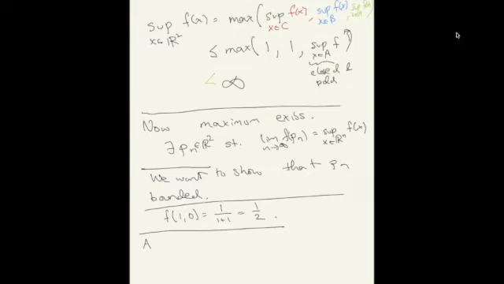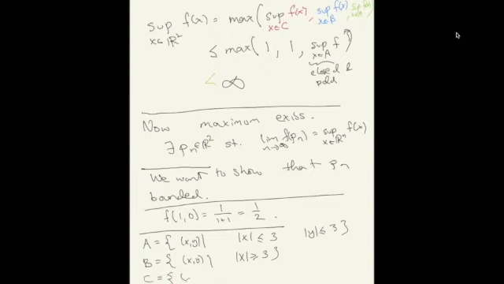So A is now the points (x, y) where the absolute value of x is less than 2, and the absolute value of y is less than 2. Let's make it actually 3 to really drive this point home. B is the set of (x, y) where one of these fails, so the absolute value of x is bigger than 3.